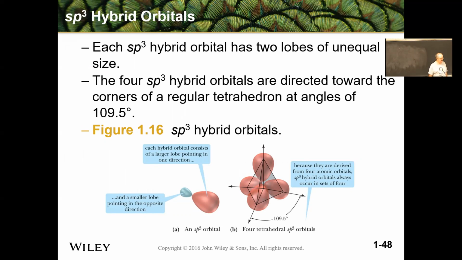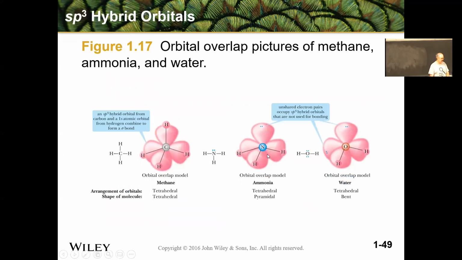Here we have something like methane, which would have four sp3 orbitals in a tetrahedral arrangement. Each one of these could form what's called a sigma bond with the hydrogen 1s. Here is the orbital picture for methane. Here it is for ammonia.